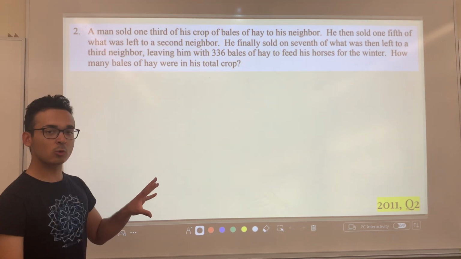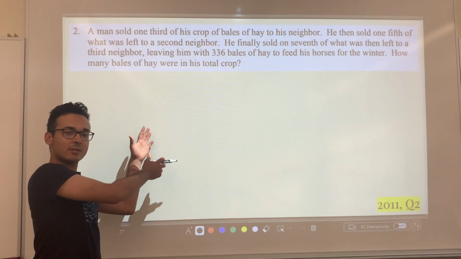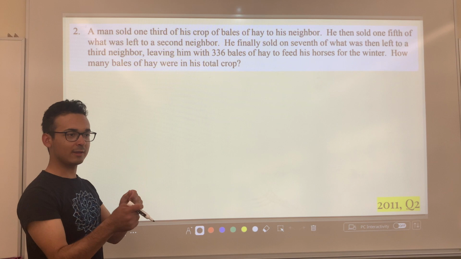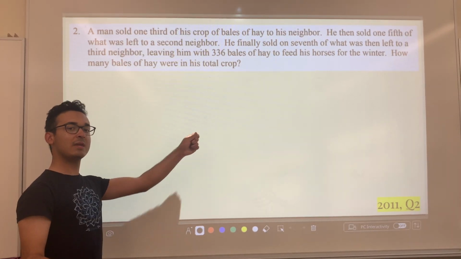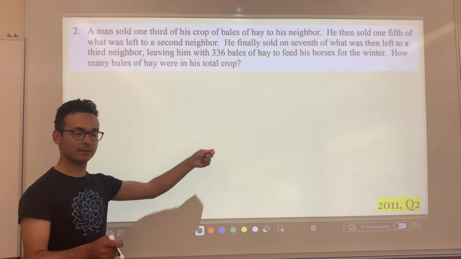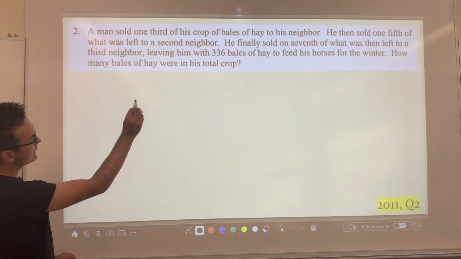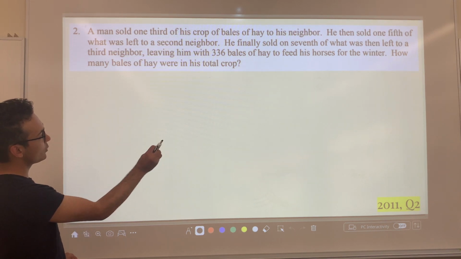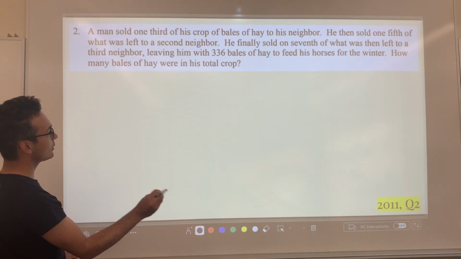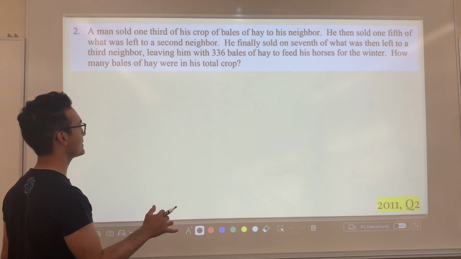So let's work backwards. We're trying to find out where he started, but we're given where he ended. We're not going to be able to make that leap unless we work backwards incrementally. So let's do that. It says here, he finally sold 1/7 of what was then left to a third neighbor, leaving him with 336 bales of hay.